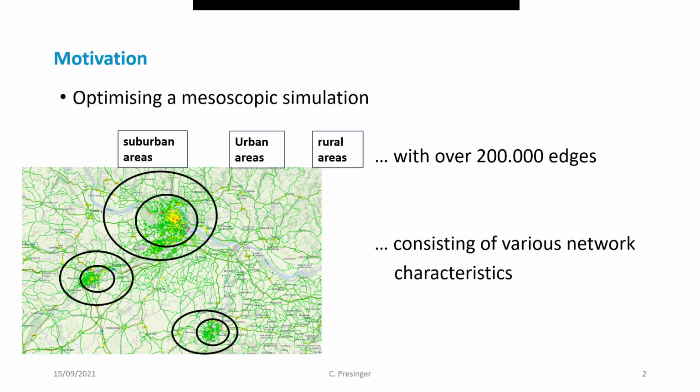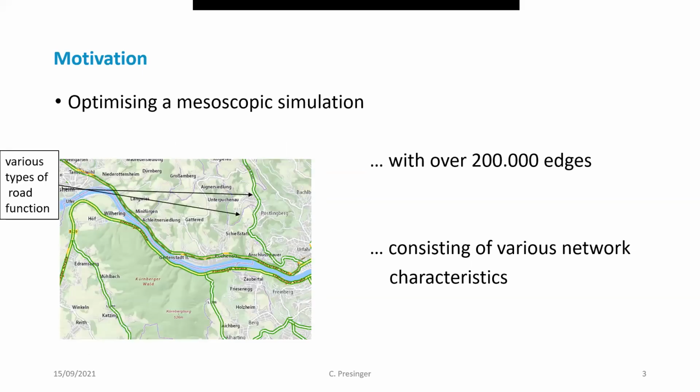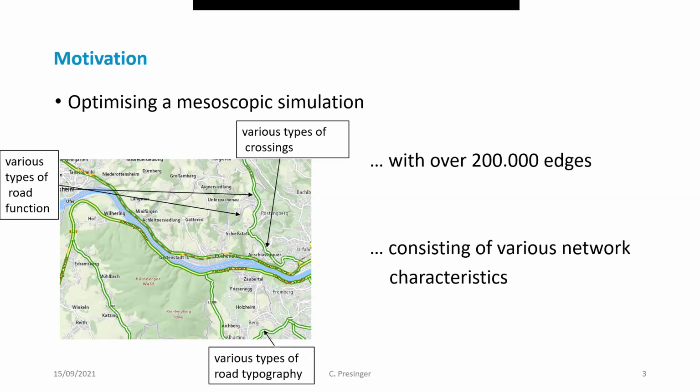So, for example, you have, of course, suburban areas, urban areas, and rural areas, but you can also zoom into each map and you can see that there are a lot of different road types and characteristics, like the road function or crossing time and so on.